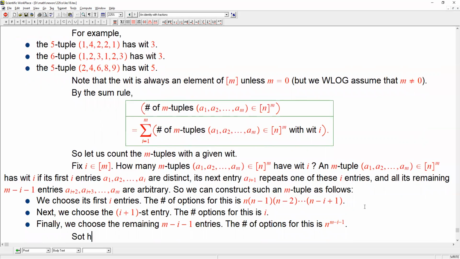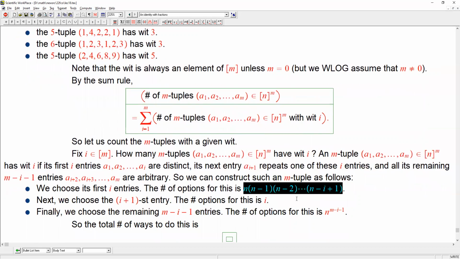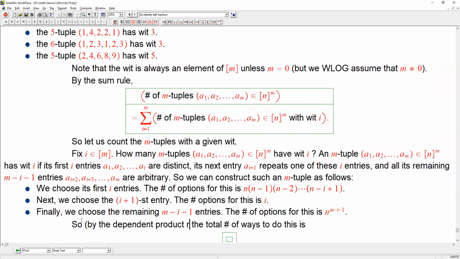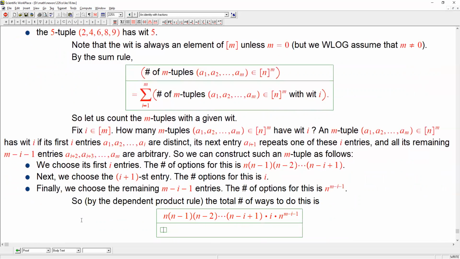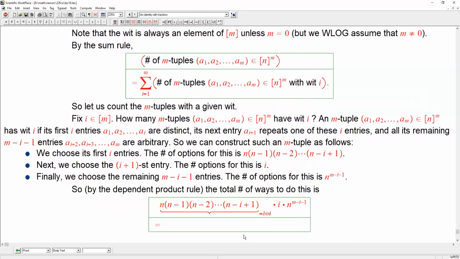All right, so the total number of ways to do this is we just multiply by the dependent product rule. It is this times i times n to the m minus i minus 1. And this is the numerator of n choose i.